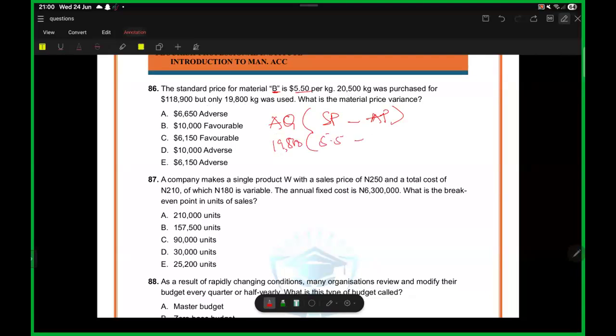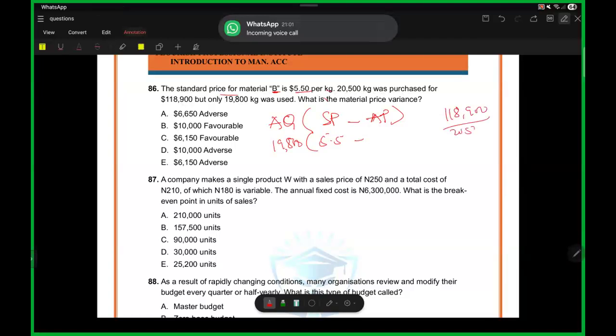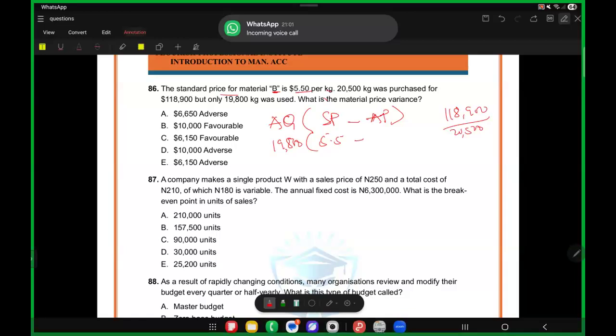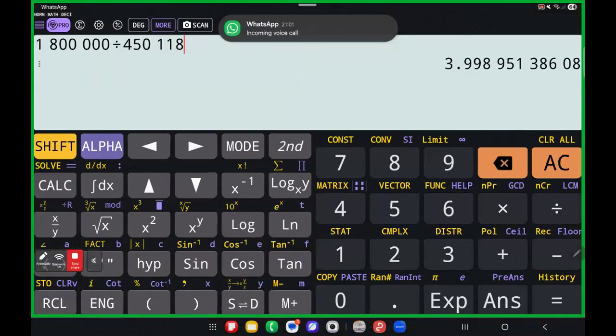Remember, we are told the standard price for B is this per kg, and 2,500 kg was purchased for this amount, but only 19,800 has been used. So it means that to determine the actual price, it is going to become 118,900 over the 2,500. What will be the answer? 118,900 divided by 20,500 is 5.8.